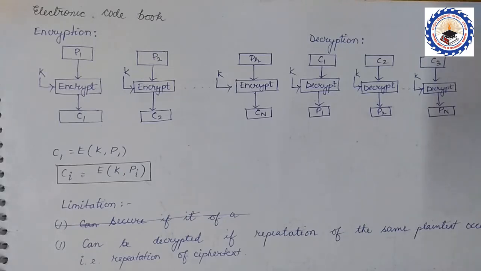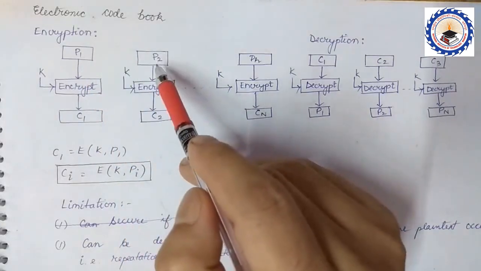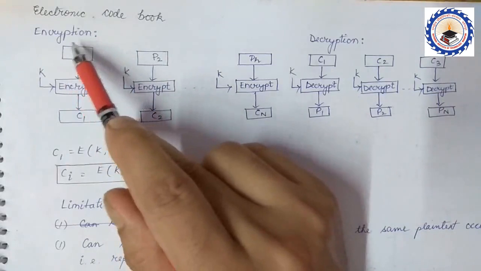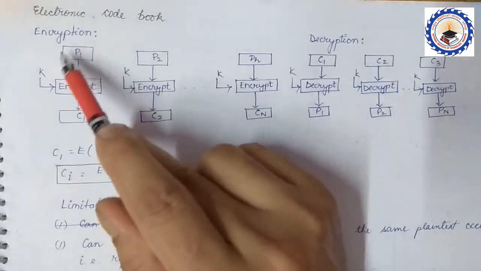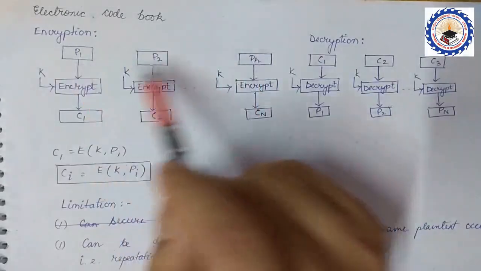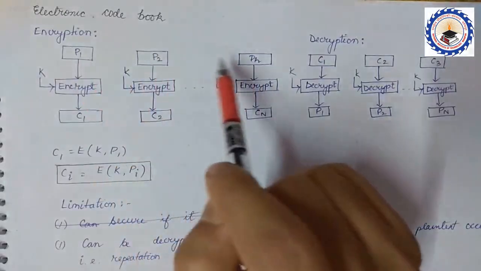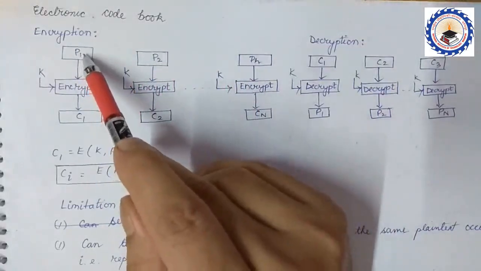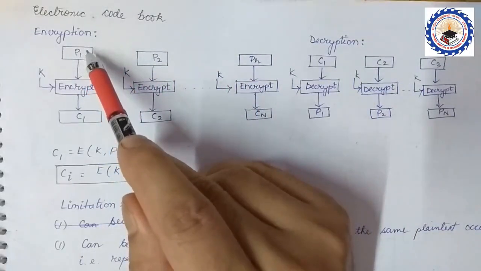Okay, this P1, P2 are not single letters alone here, but rather a group of bits, binary numbers. So the size of P1, P2 up to Pn are all the same here. You must know that this P1 may be of 64 bits if you are using the DES algorithm.